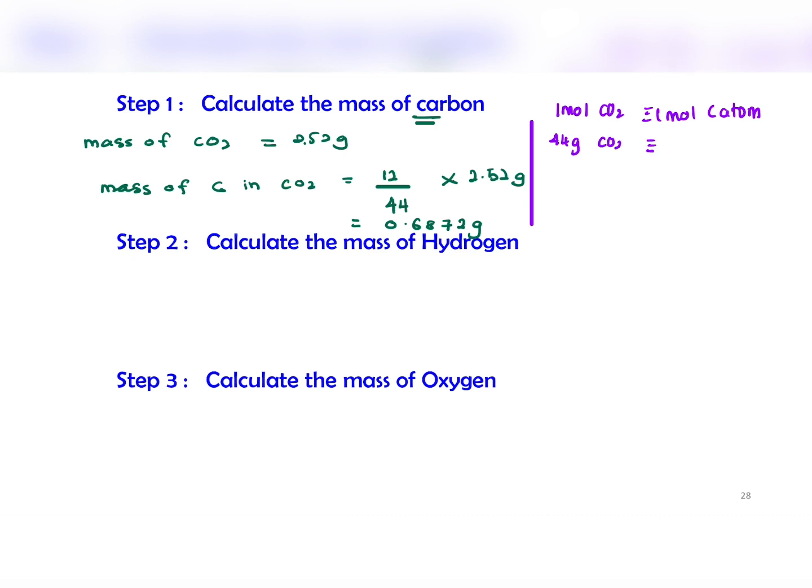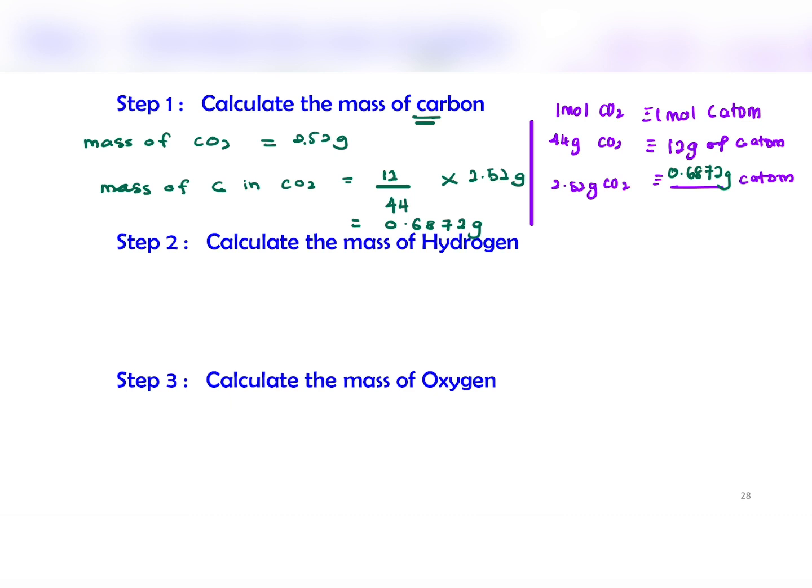So untuk calculate carbon, okay, carbon adalah 12 gram of carbon atom, dia punya molar mass. Okay, so from the question, kita tahu ada 2.52 gram of CO2. So ini yang kita nak cari. So boleh buat darab silang, and you will get the answer here, 0.6872 gram of carbon atom. Okay, so you can use whichever method that you prefer.